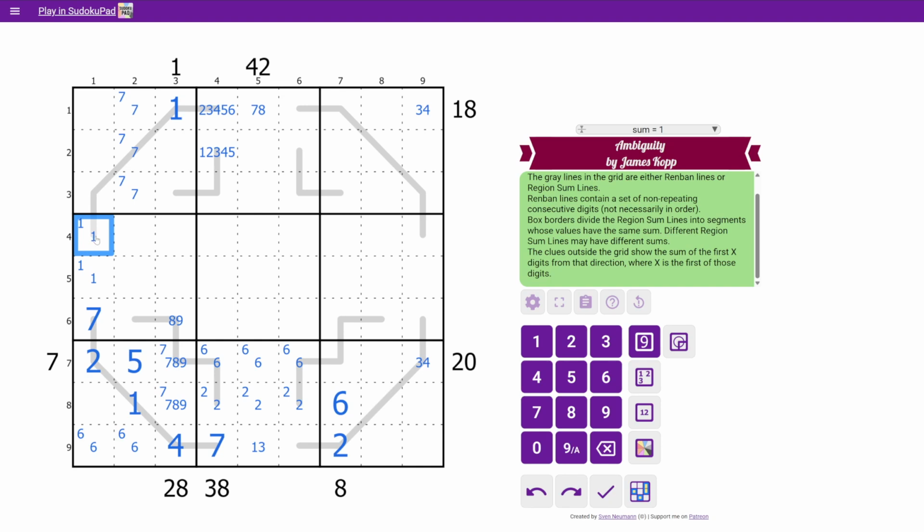Oh, well, this cannot be 1. That can't be 1 because there's no way that would work on a region sum, and if it was a Rinban, it couldn't repeat. So the 1 has to go here.